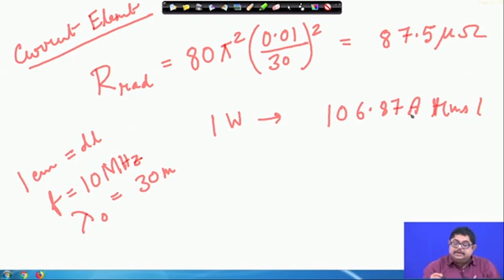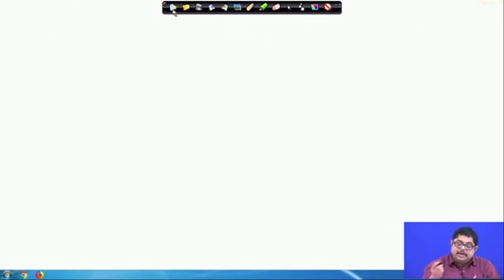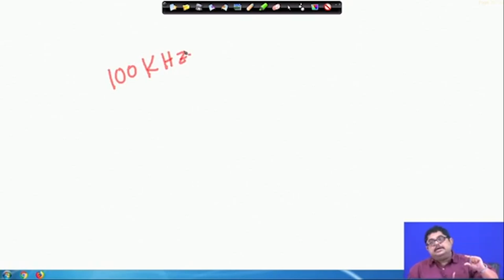Now, suppose I want to redo this, the same one, but I change the frequency to 100 kilohertz. The same conditions, 1 centimeter current element, 1 watt of power I want to transmit. So, find out what the radiation resistance is.